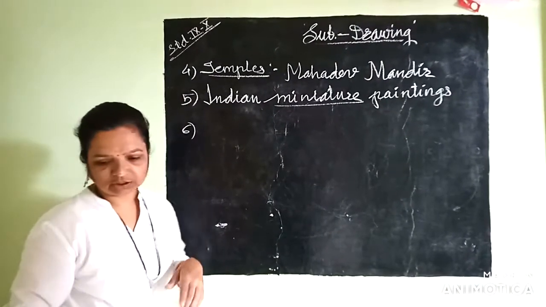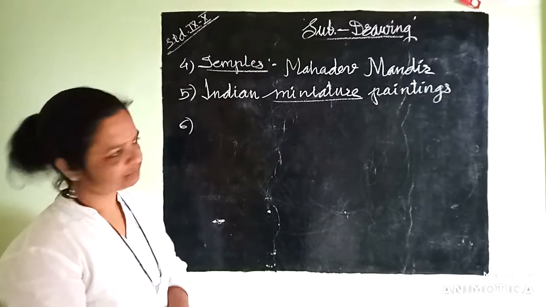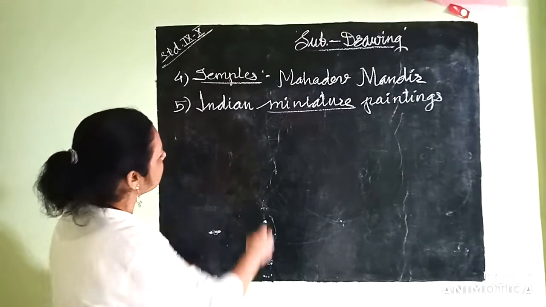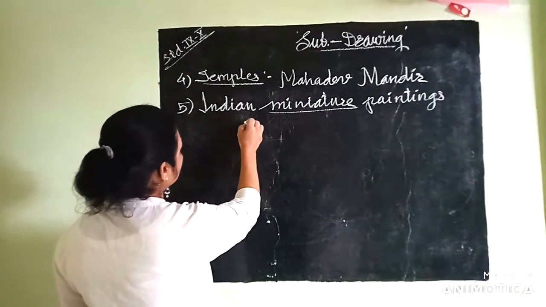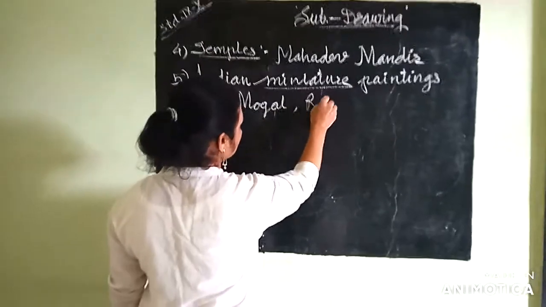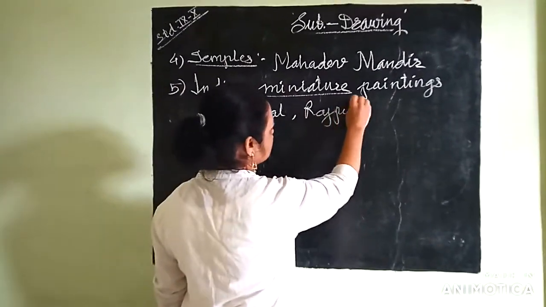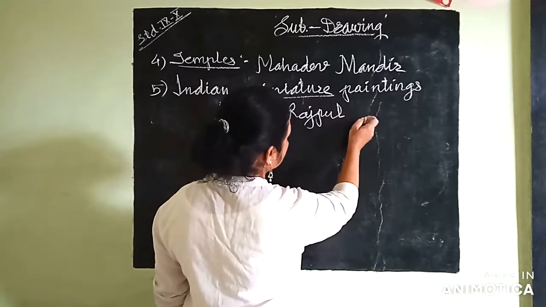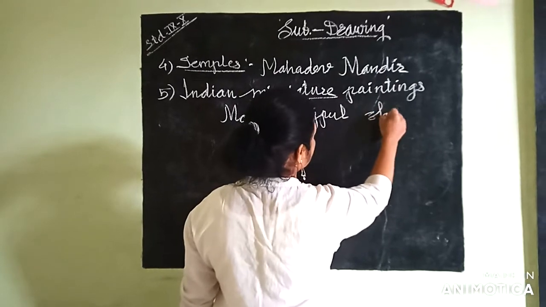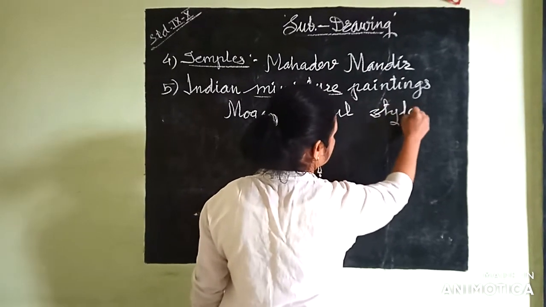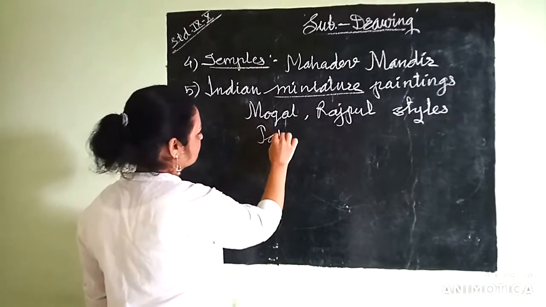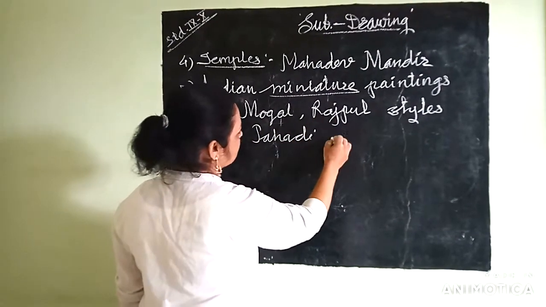Okay, now come to the next point here. In miniature, 4-5 styles we find, mostly Mughal, Rajput, Pahadi and Kangra.